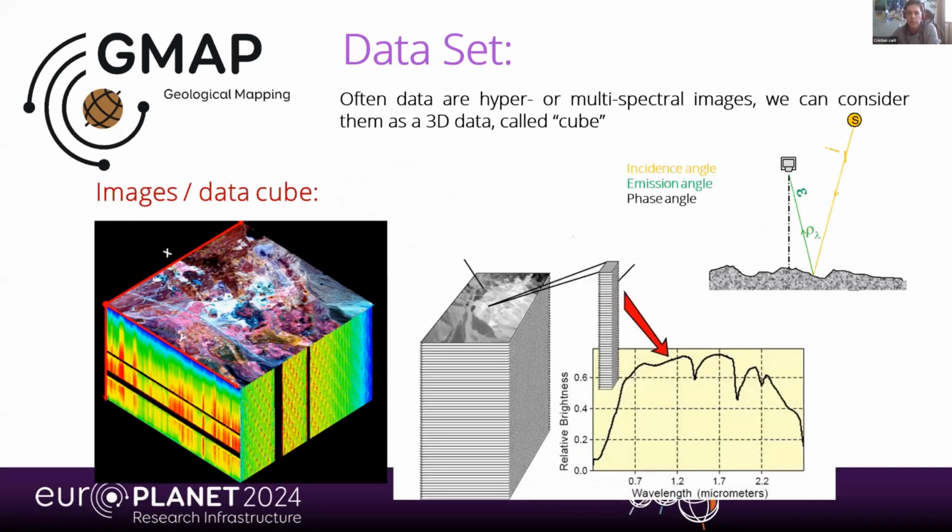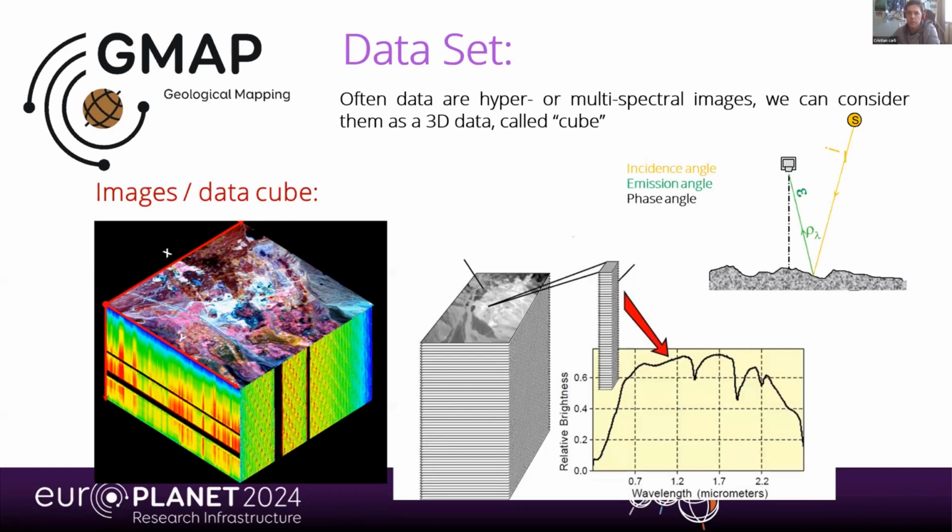You already saw yesterday from Riccardo that we generally call this dataset a 3D dataset, since we are exploring the surface with an imaging spectral acquisition. So in XY, we have the pixels that characterize the surface. In the third dimension, we have the composition of all of the wavelengths that we are acquiring.